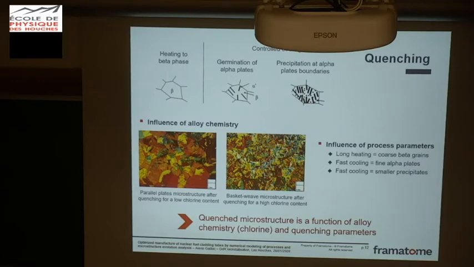And between this and this, you can have 0.2 ppm of chlorine difference. It's very, very low. We have also other parameters that can change the microstructure, such as the heating time, with coarser beta grains if the heating is long. And depending on the cooling rate, we can have a finer microstructure with a fast cooling and also smaller precipitates with a fast cooling. But keep in mind that this type of microstructure can be highly dependent on chlorine content.